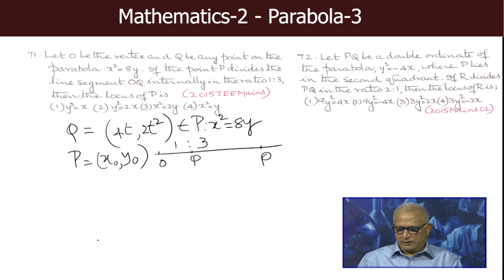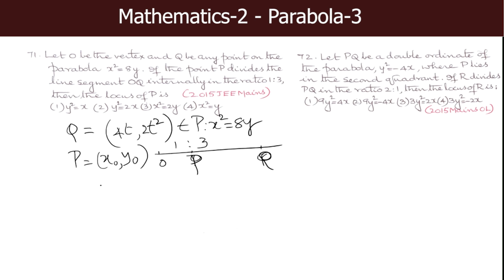So, this is P, this is OQ. What is P? This is equal to 1 into the x coordinate of Q, 2t by 4, and y is 1 into 2t square by 4. So, that is equal to t square by 2.